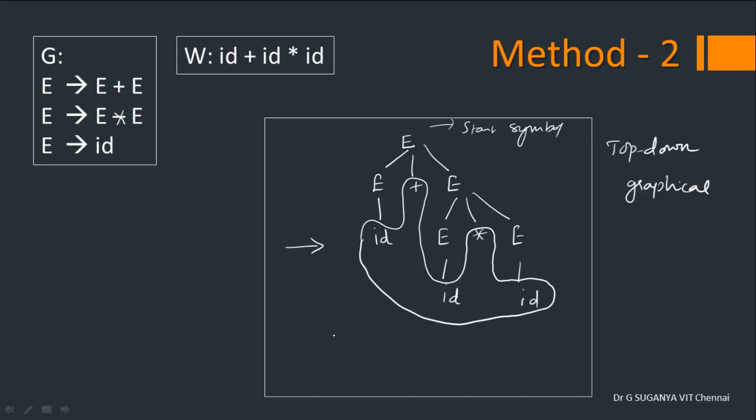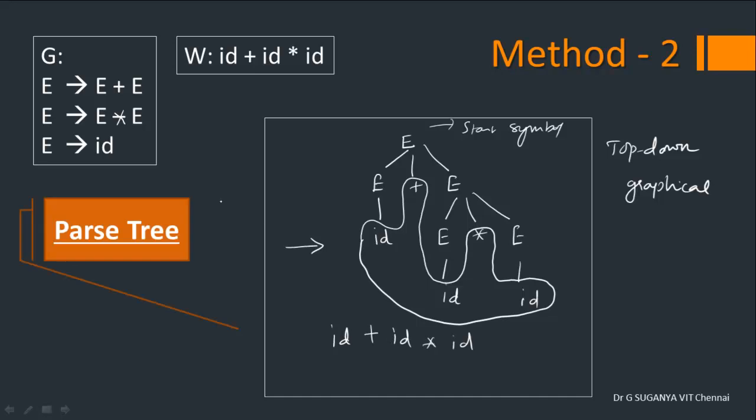And this is the word that this particular tree structure generates. It looks like a tree structure, and hence this concept is what we call a parse tree. Again, it is a top-down approach because we start with the start symbol and end with the word. There will exist a parse tree for leftmost derivation and rightmost derivation according to how we draw the parse tree.